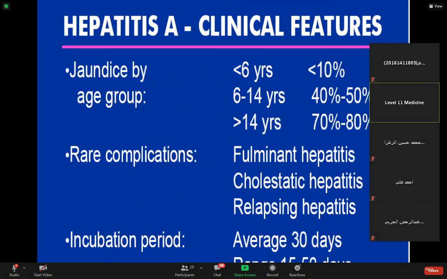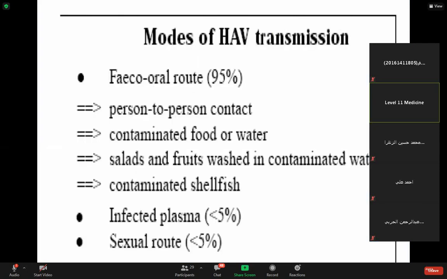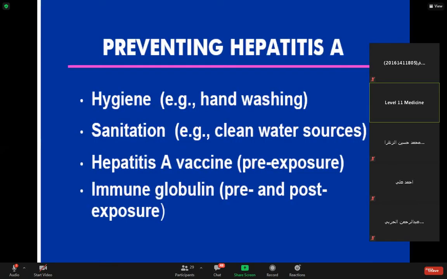The incubation period is very short, usually from 2 weeks to 4 weeks. Usually they will have jaundice. The fecal-oral route is the most common mode of transmission, whether through person to person or contaminated food or water. So to prevent that, we need to be strict with hygiene, sanitation, and drinking clean water.